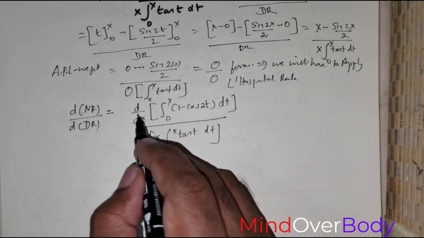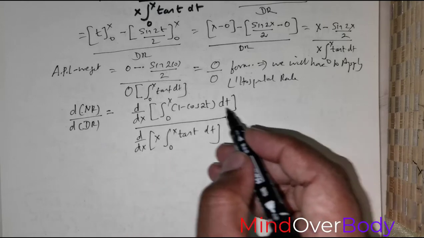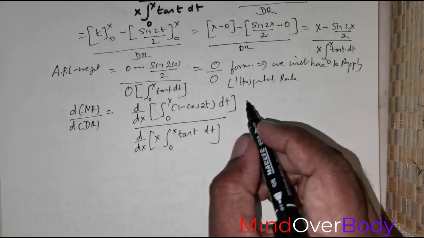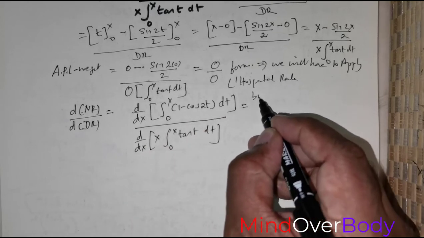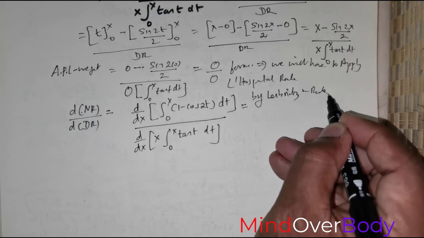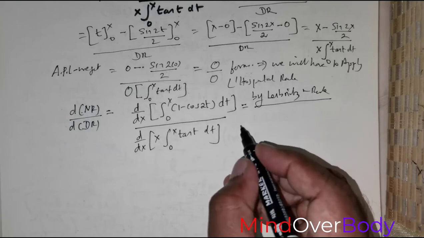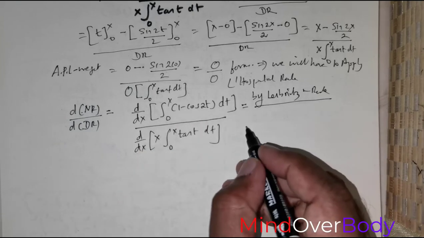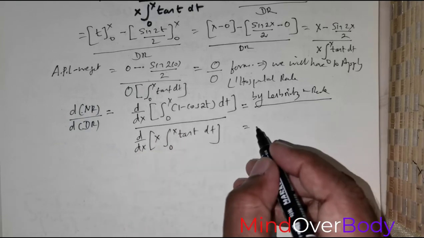Now once I got a derivative here and an integral inside, I'm going to apply Leibniz rule. So by Leibniz rule, what do we get? This is equal to, I substitute the upper limit in the function.